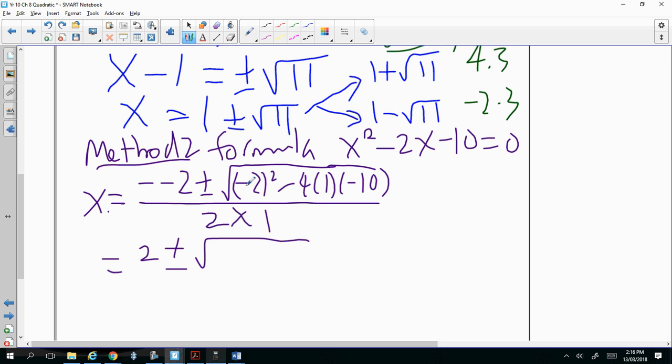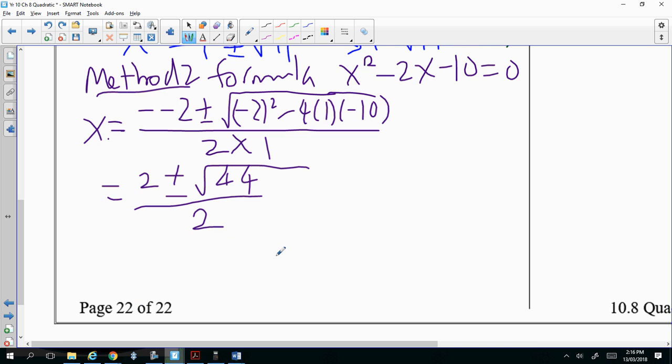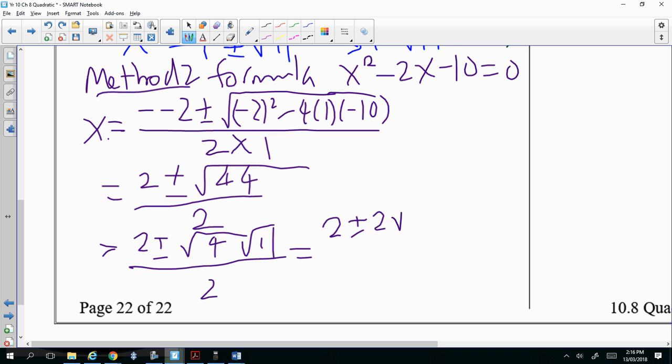It looks a bit different because you can simplify it. Because root 44 is 2 root 11, which you can take the 2 out. And then the 2 gets factorized out, and then the 2s get cancelled, becoming this.